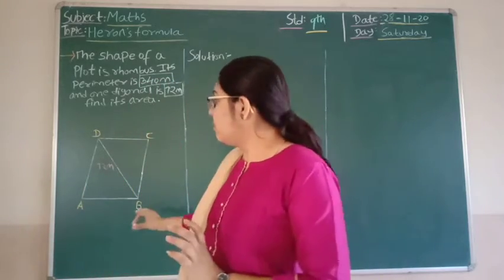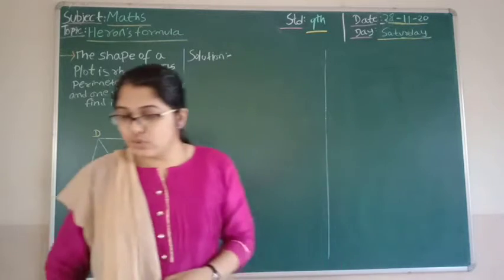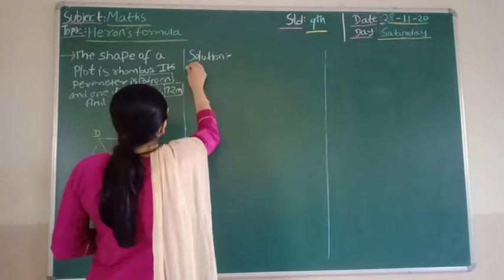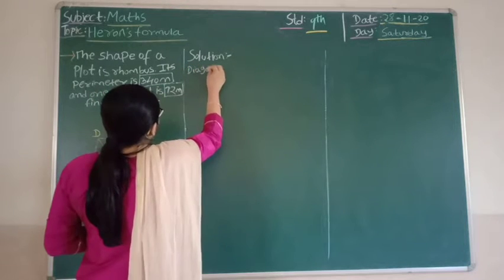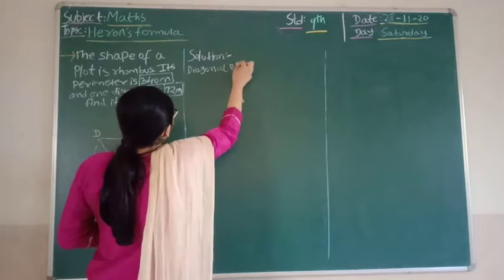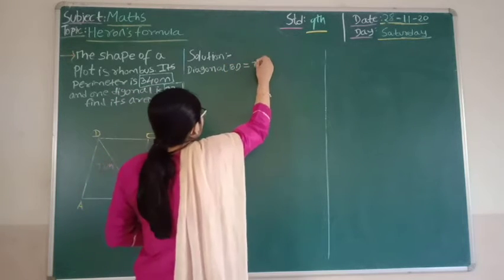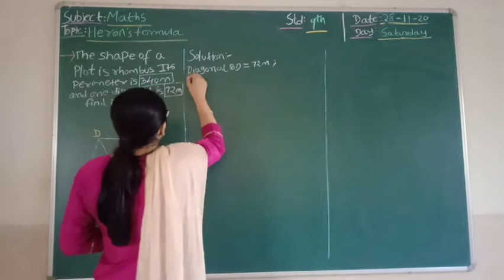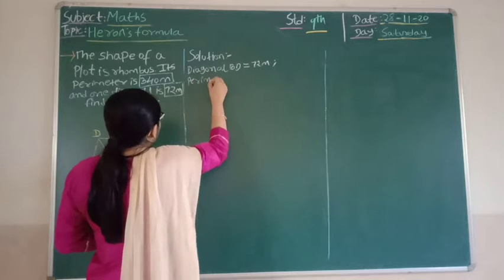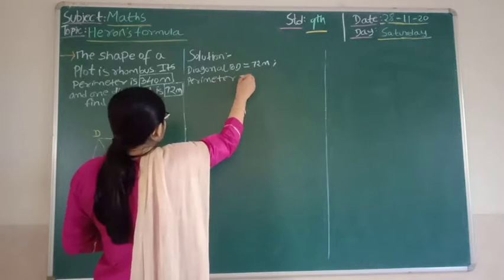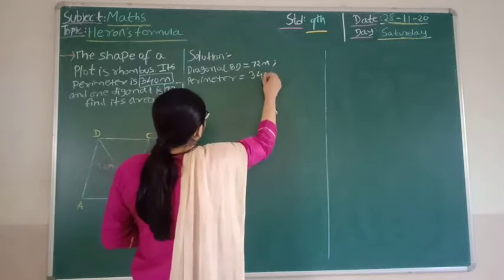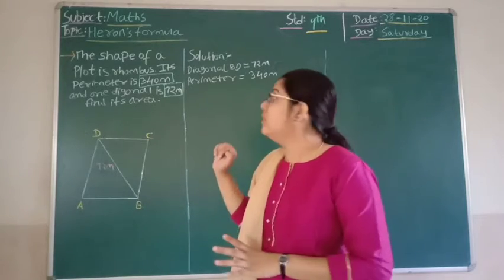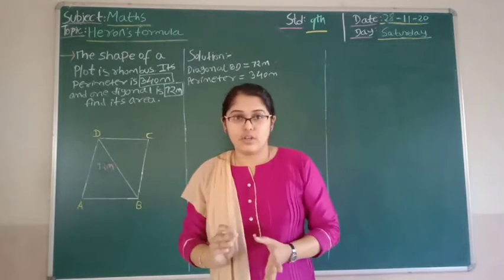We have been given diagonal BD equals 72 meter, along with perimeter equals 340 meter. So these things we have been given about the perimeter and diagonal BD.